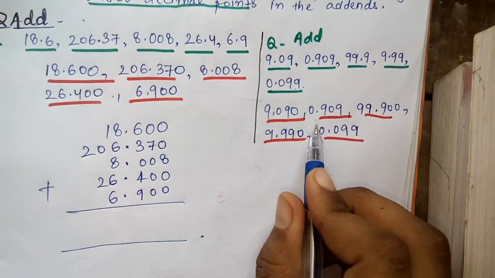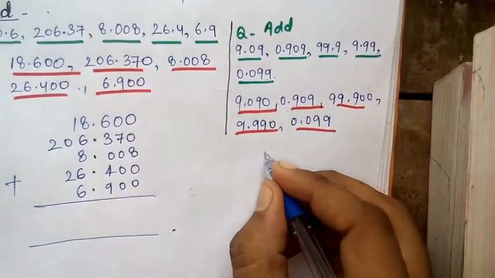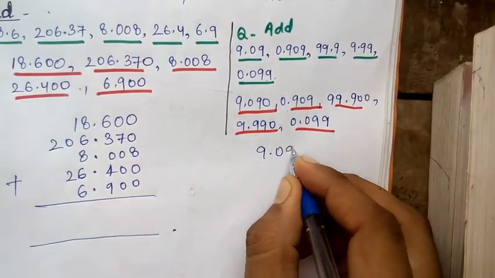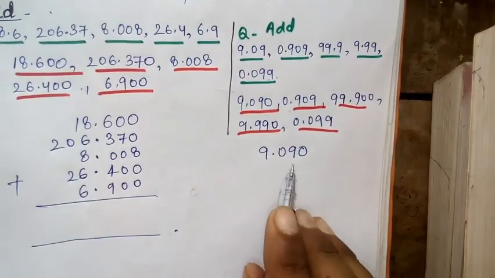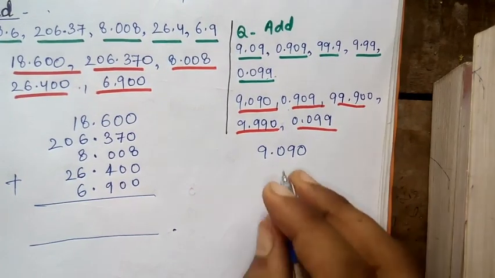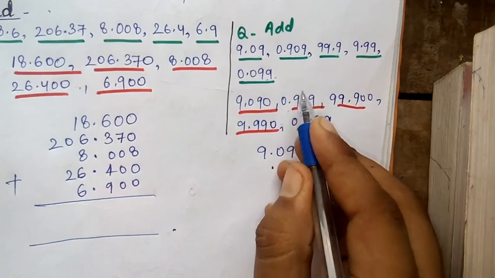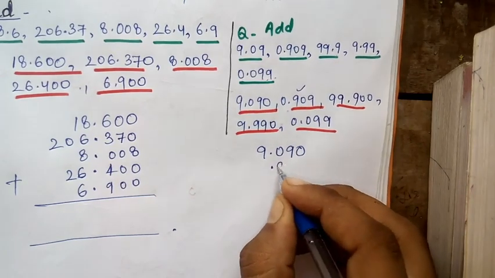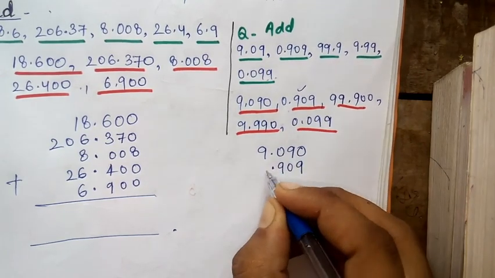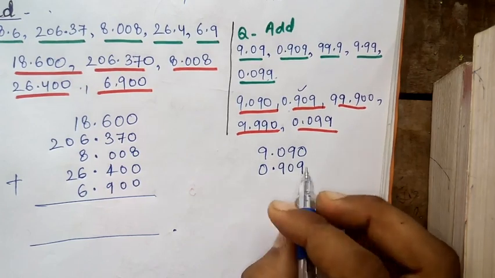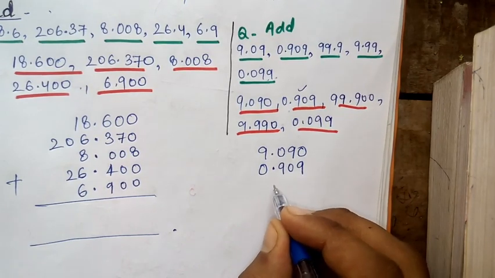Similarly, in this problem also we will write 9.090, then point, decimal part 909, here 0, that is the whole number part.